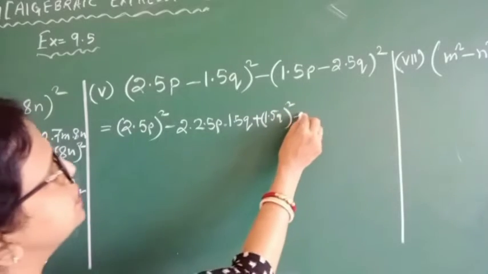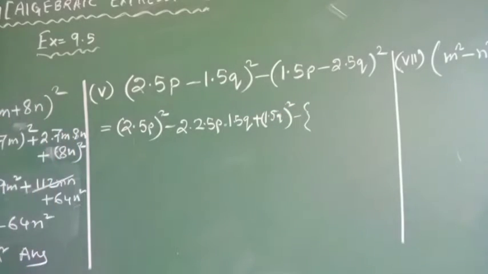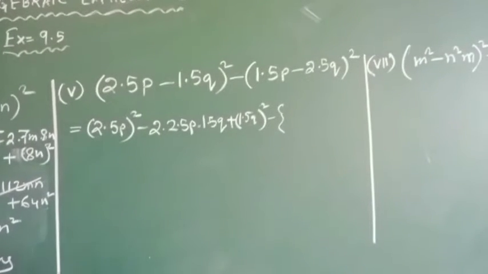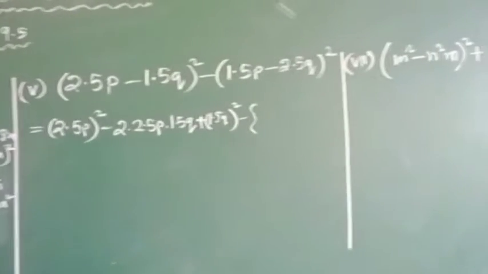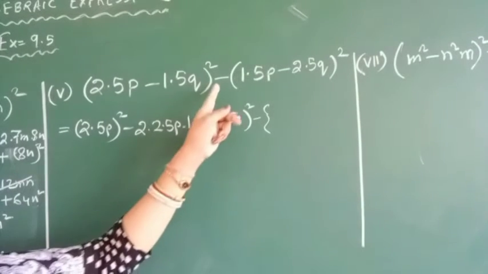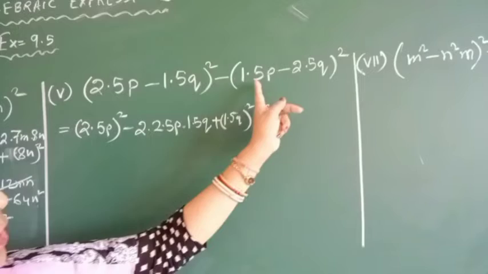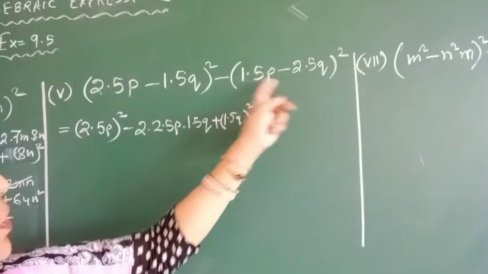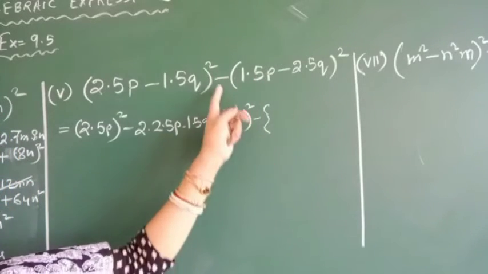Then the minus sign is there, so be careful. Use another bracket to find the value of this one. We can use another bracket because after completing this expansion, we have to change the signs, because the minus is outside.